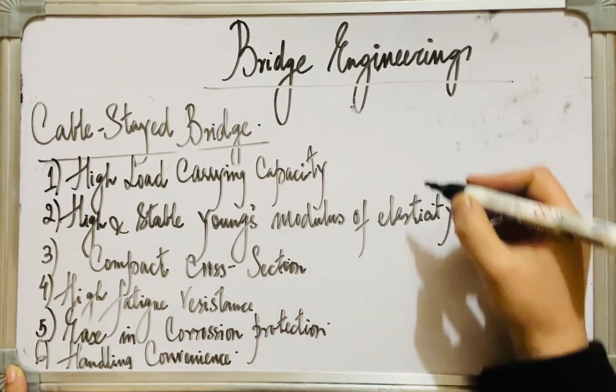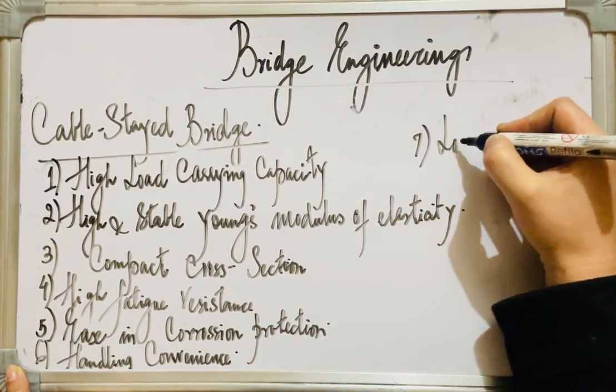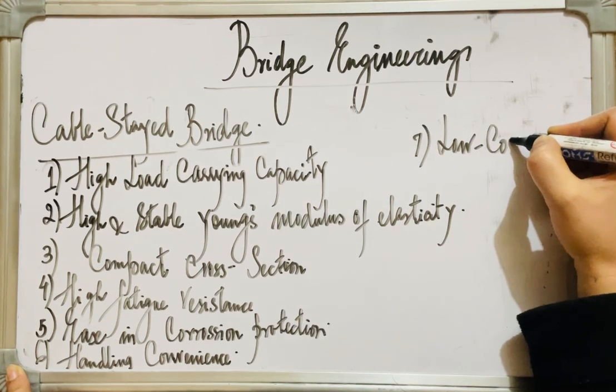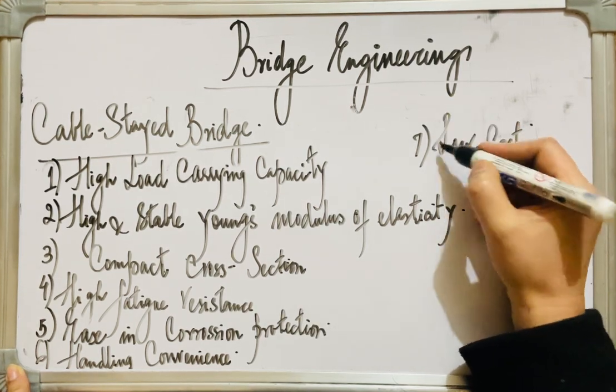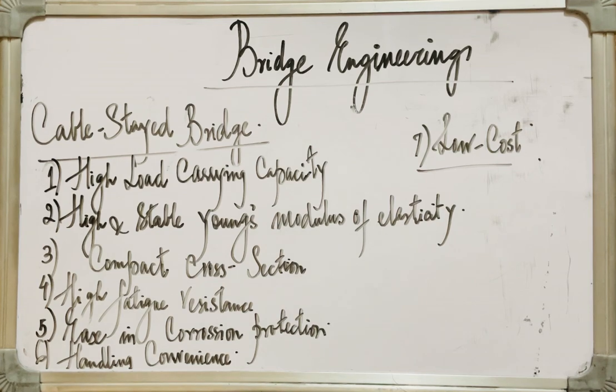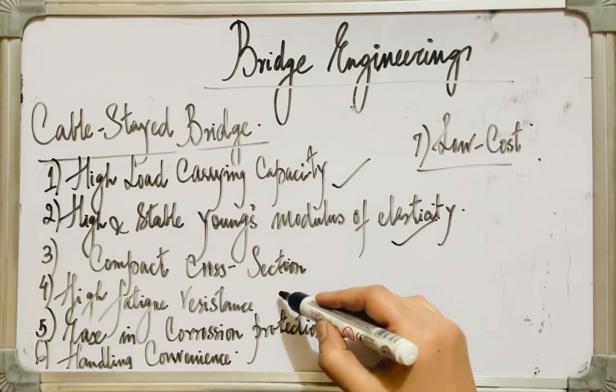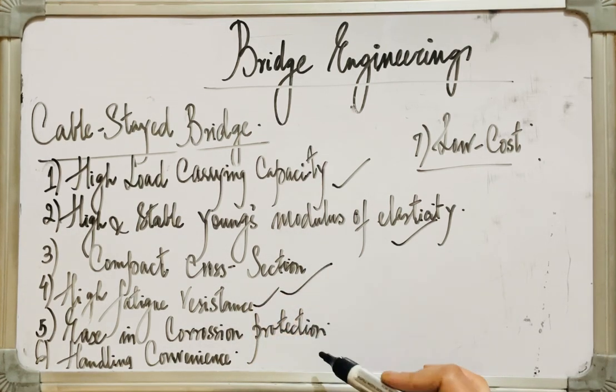And most important of all, low cost, because economics is one of the most important parameters in engineering. All right, so these are the requirements of stay cables. Since they are the essential component of a cable stayed bridge, they must have high load carrying capacity, high and stable Young's modulus of elasticity, compact cross section, high fatigue resistance, ease in corrosion protection, handling convenience, and low cost. All right.